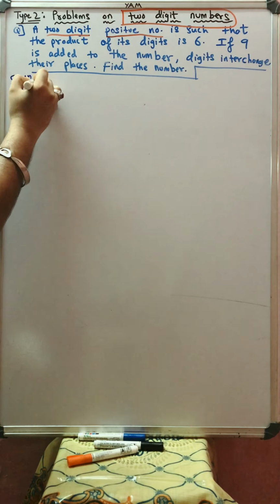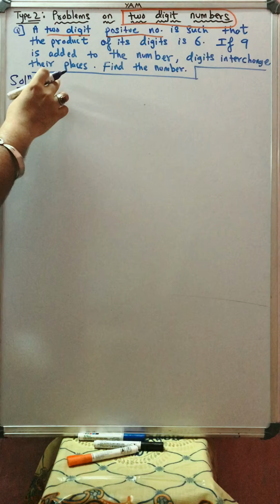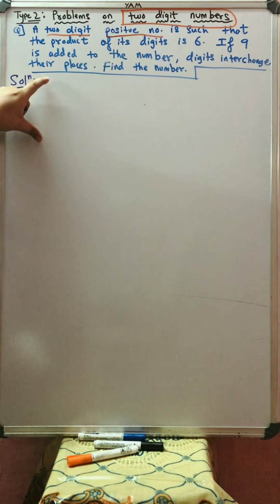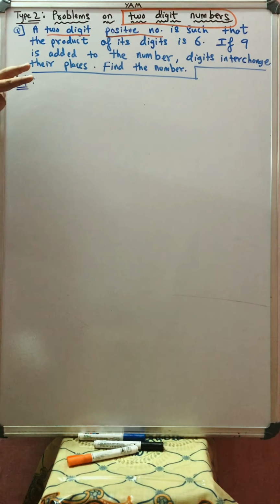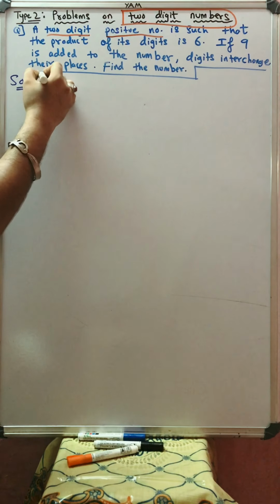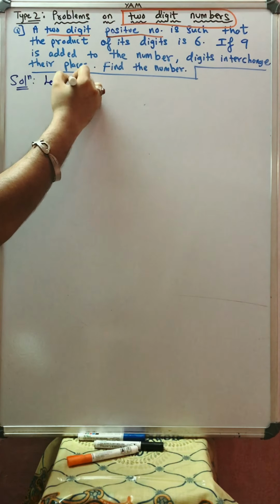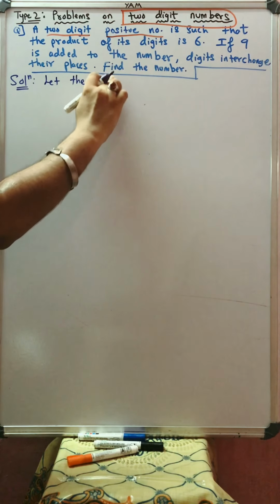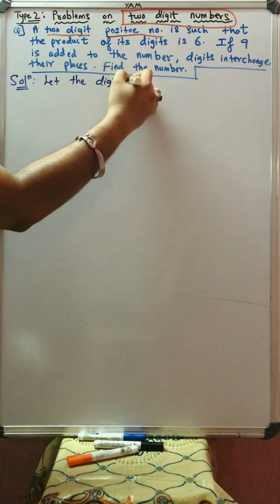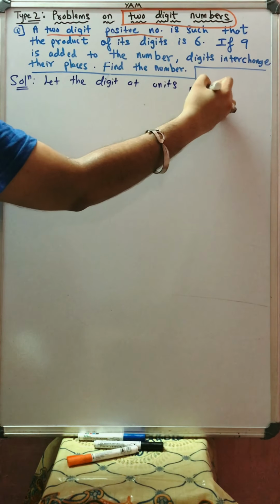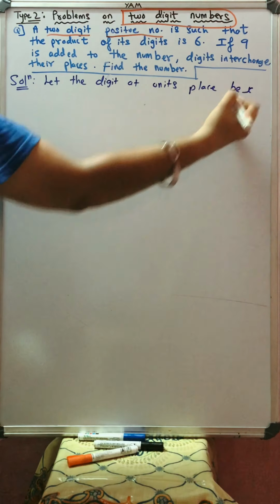Starting with the solution. The starting two paragraphs or 5-6 lines, what I am writing, are default for all the questions which belong to the two-digit numbers type. You will write: let the digit at units place be x.